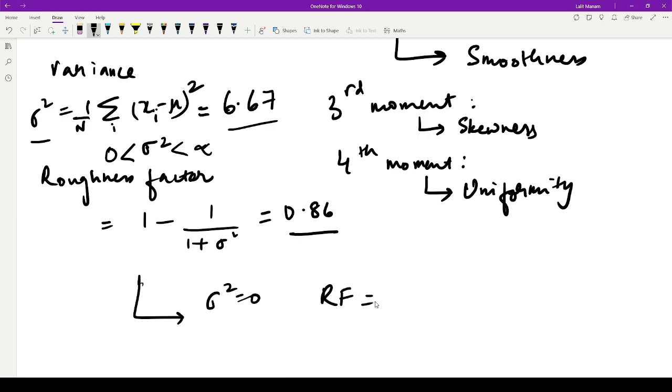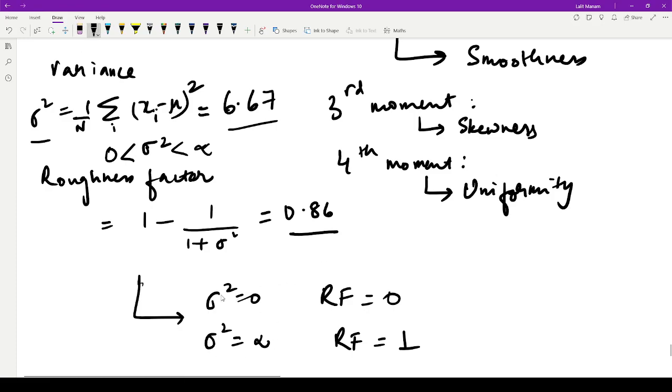Roughness factor is zero. Sigma square is infinity, then the roughness factor is what? 1. What does it mean physically? I mean, these are numbers, but what does it mean physically? Okay.